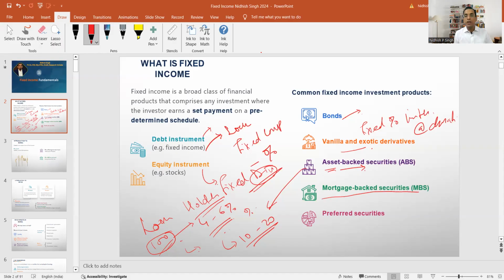Similarly, a mortgage-backed security is a variation of an asset-backed security in reality, because here again there would be 100 plus MBS holders who will be receiving a regular cash flow from a group of mortgage buyers.